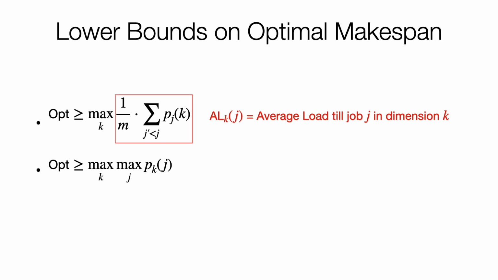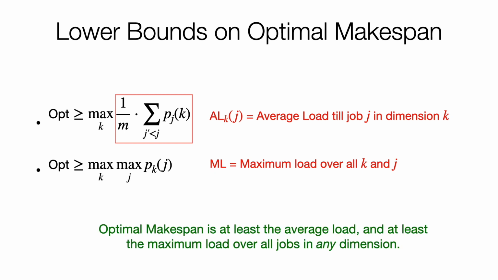And we can also say that the optimal makespan should be higher than the maximum load over all dimensions and all jobs. Again, this is because in the optimal assignment, there should be at least one machine to which this job is assigned, and on this machine, the load is going to be higher than this value.